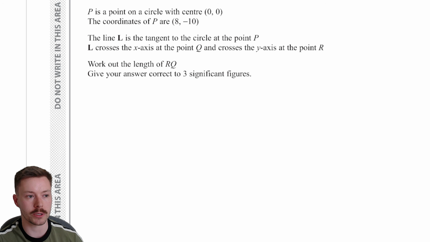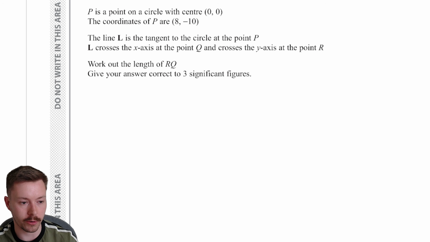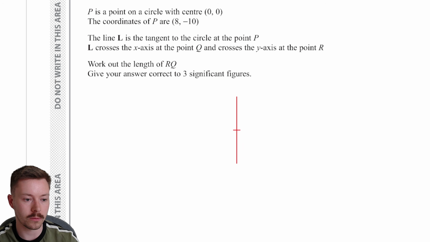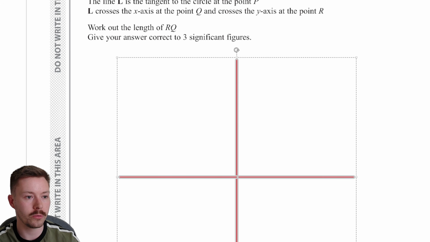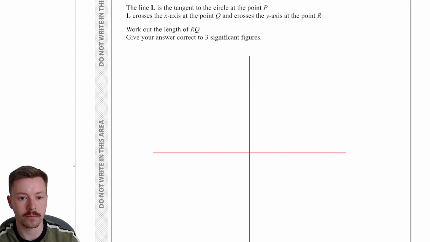Next question. This is a nice question, this one. We've got to draw a diagram for this, that's for sure. So I am going to make, hopefully, a nice diagram for this. Let's do a set of axes. There we go, that'll do. And then I am going to zoom it out very slightly as well, just to help us see everything.